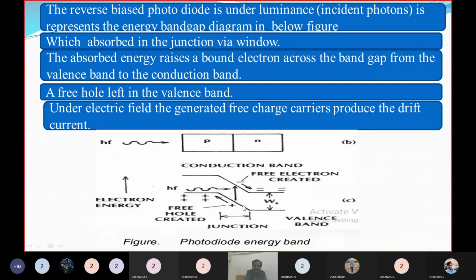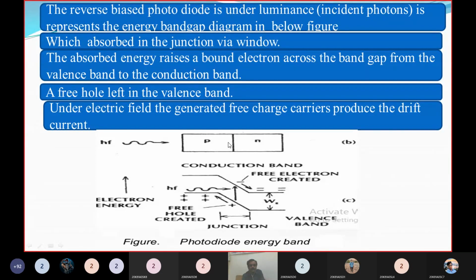In that depletion region, covalent bonds break and electron-hole pairs are generated. The electron goes up, and the hole stays in the valence band. The light is absorbed in the junction via the window. I already said that the window is nothing but a gap in the P region, and through that window light reaches the junction.